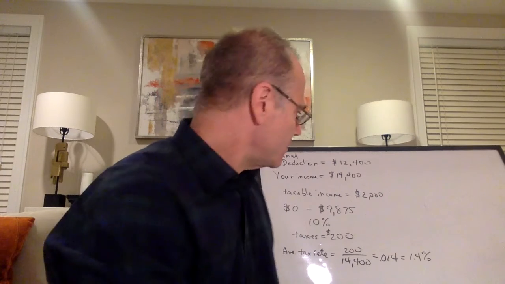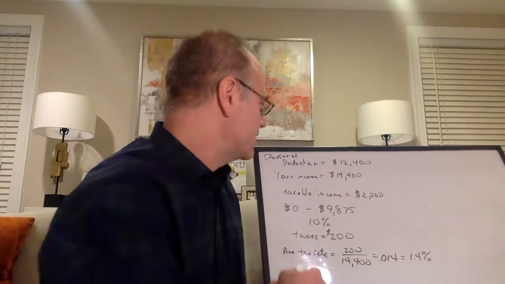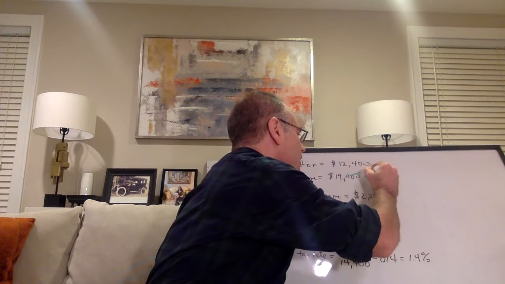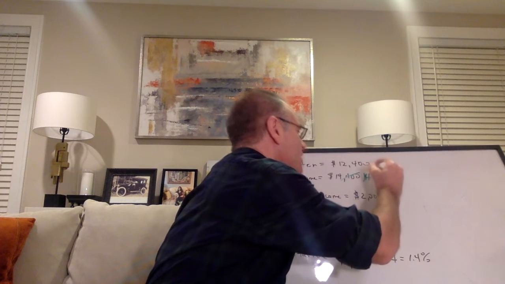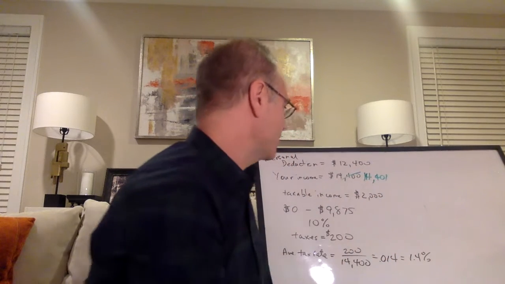What is your marginal tax rate? Your marginal tax rate asks, if you had earned one more dollar, what percent of that extra dollar would you have had to pay? And the calculations that we would do, I'm going to use green for this. Suppose instead you made $14,401.